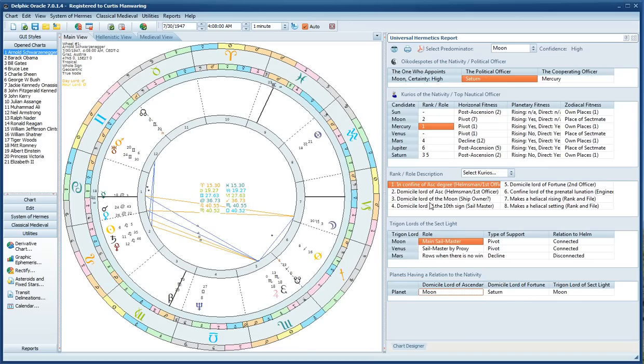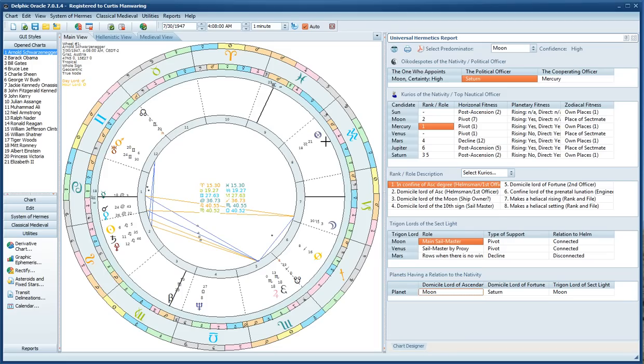Now, one of the other things I wanted to look at here too, Valens talks about in Book 4, where if the domicile Lord of Spirit, or a lot of exaltation, or a lot of basis happens to be in the 10th from the lot of fortune, particularly Spirit, and we have this again.